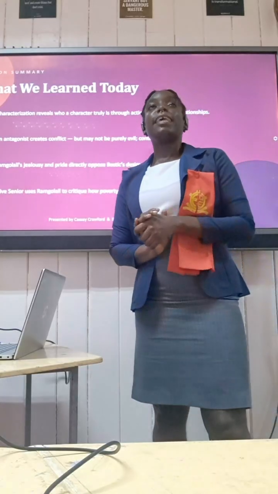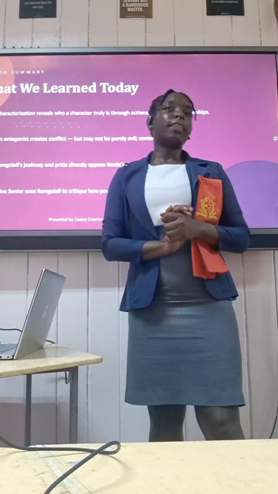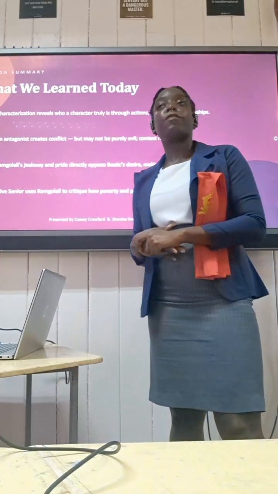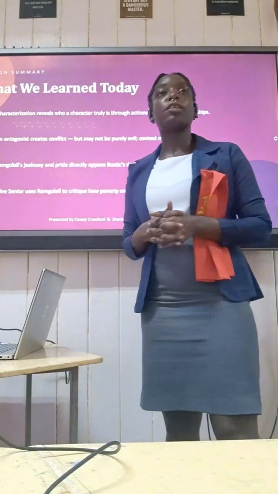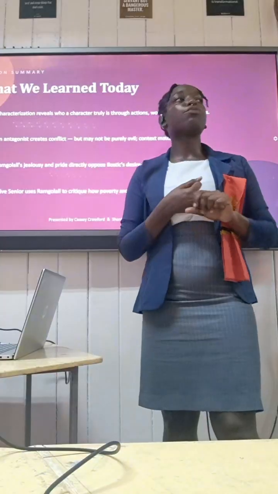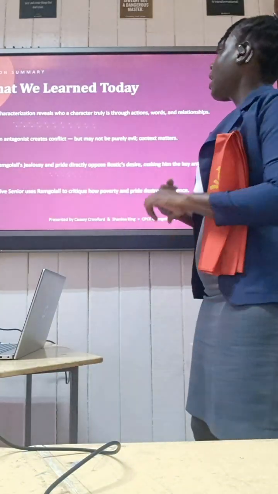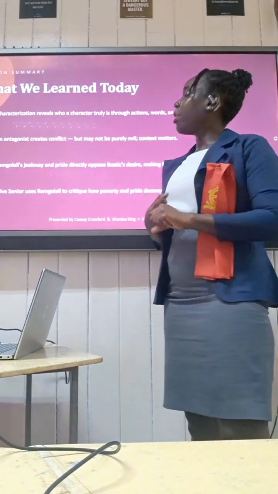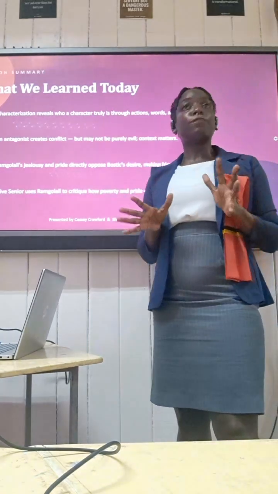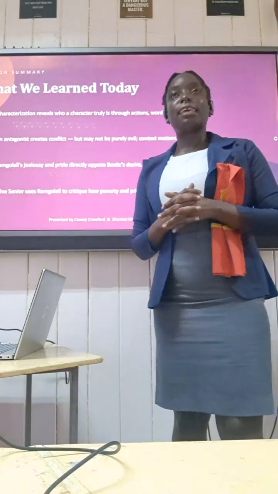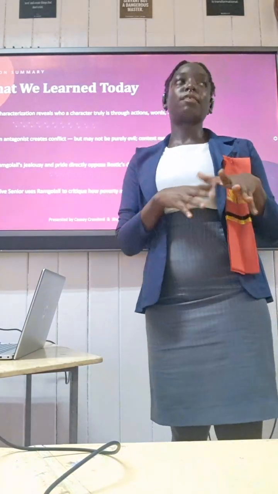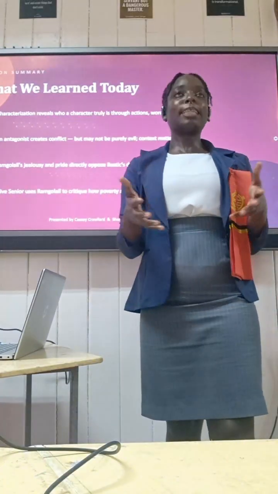So these are some of the things that we learned today. Characterization reveals who a character is through his actions, through his words, and through his relationships. An antagonist creates conflict but may not be purely evil. Now, Ramgalal is a very complex character, so we will have a next class looking more in depth into him.